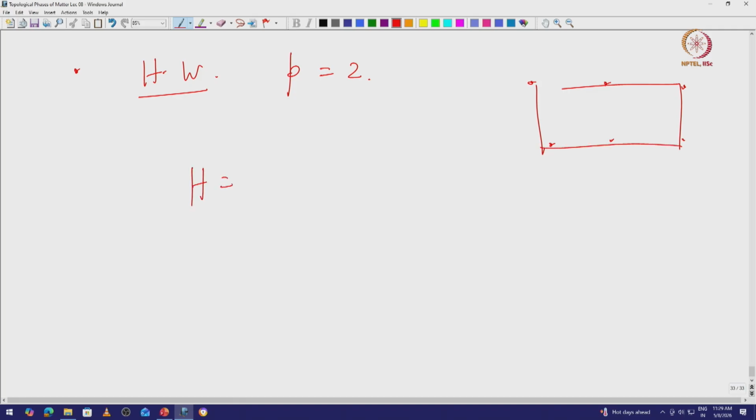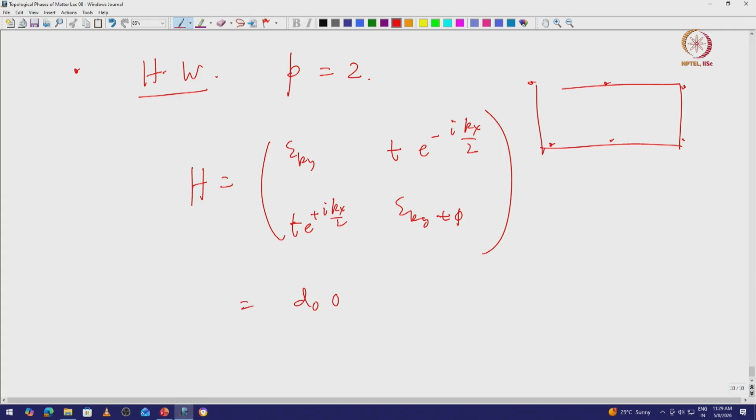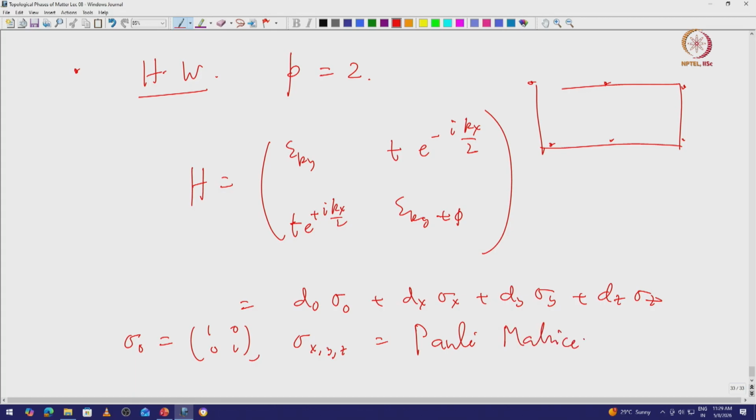So, one should be able to obtain a Hamiltonian which is a 2 by 2 Hamiltonian, like a 2 orbital one, and you will have ky plus phi, t e to the power i kx by 2, t e to the power plus i kx by 2, and one should be able to write it in terms of d0 sigma 0 plus dx sigma x plus dy sigma y plus dz sigma z, where sigma 0 is identity and sigma x, y, z are the Pauli matrices. Not in the spin basis, but in the orbital basis.